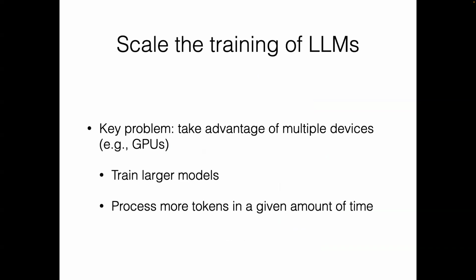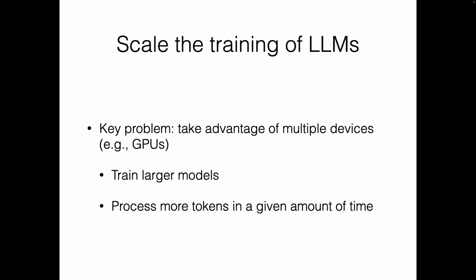A key underlying problem is that you want to assemble as many computational devices as you can: GPUs, or if you're at Google, TPUs. Then the problem becomes how to best take advantage of these devices to train larger models and process more tokens in a given amount of time.